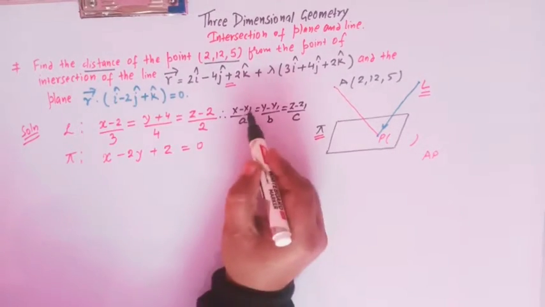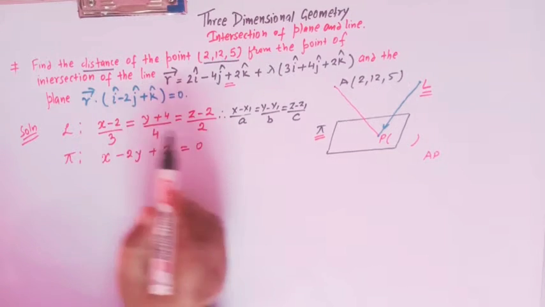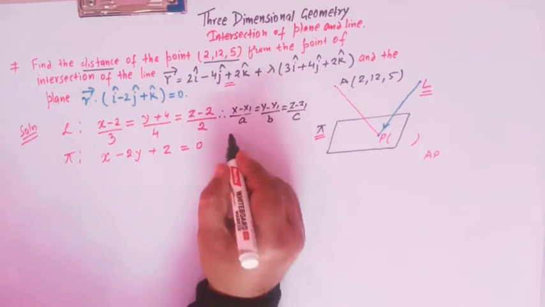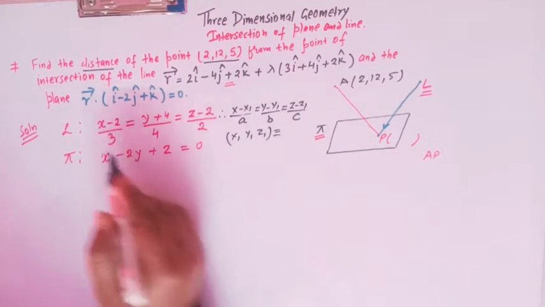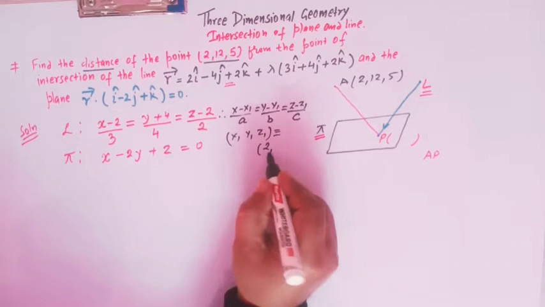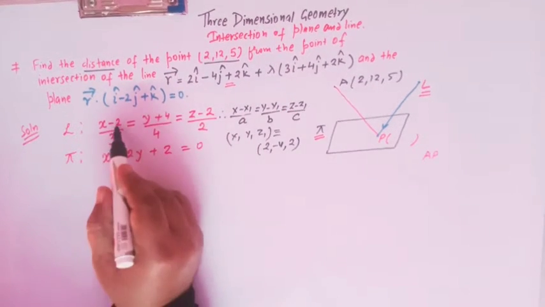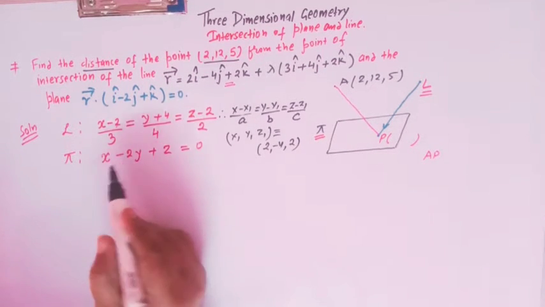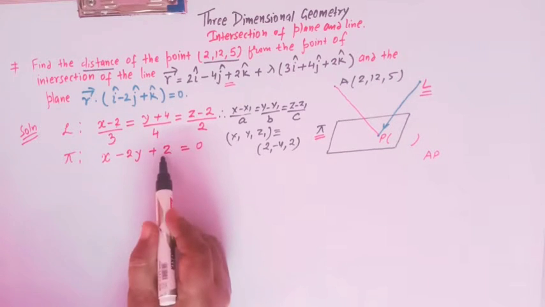Here x1, y1, z1 is the point through which this line passes, which is (2, minus 4, 2).